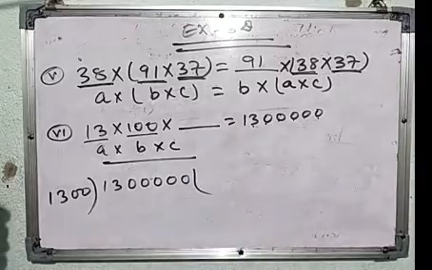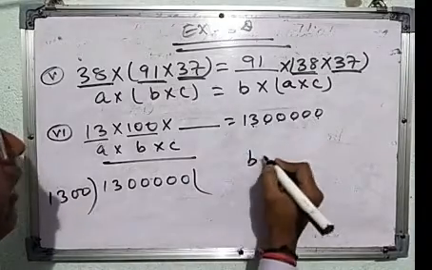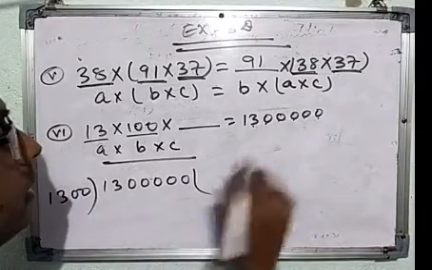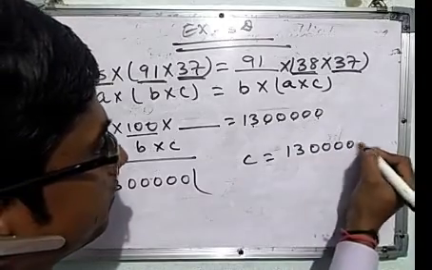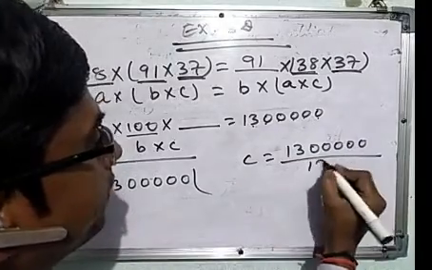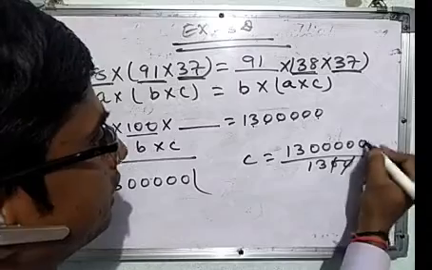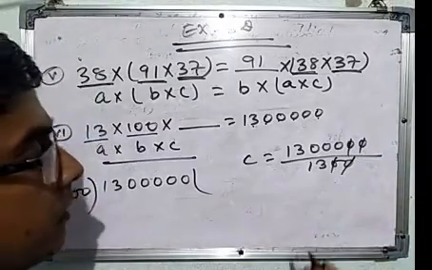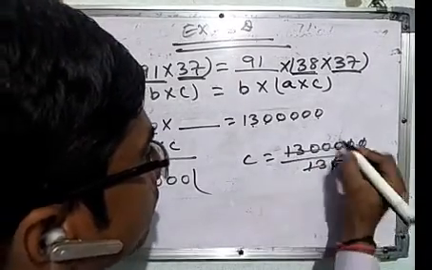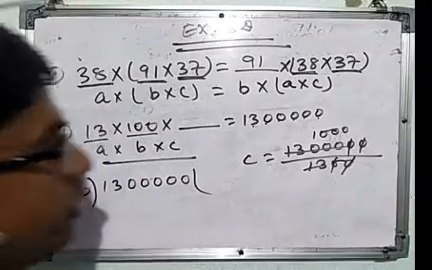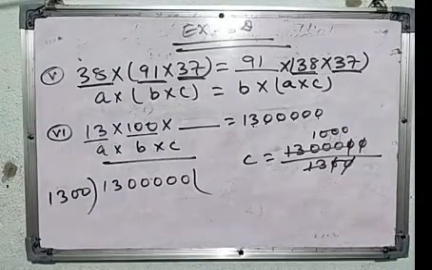Or you also write, if you find value of C, you write first 13 lakh by 1300, cancel 0. How much you write? 1000.